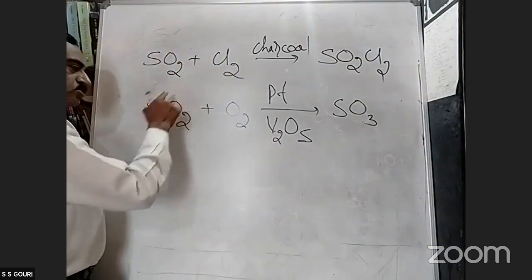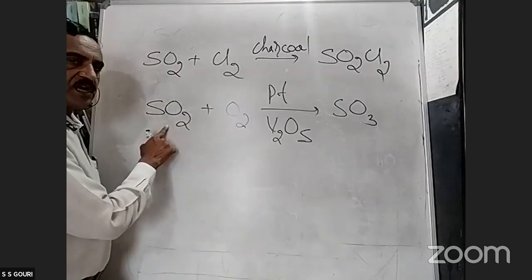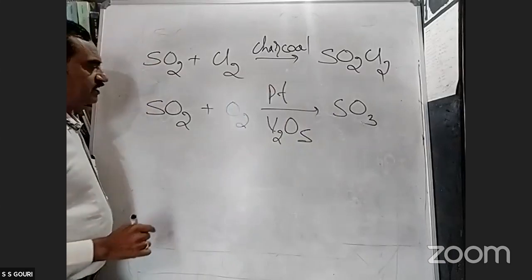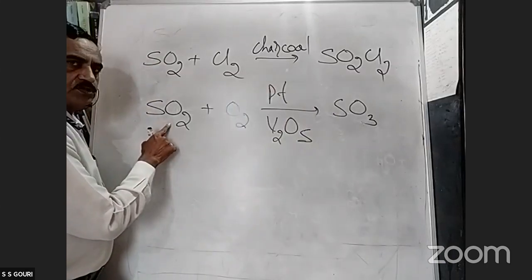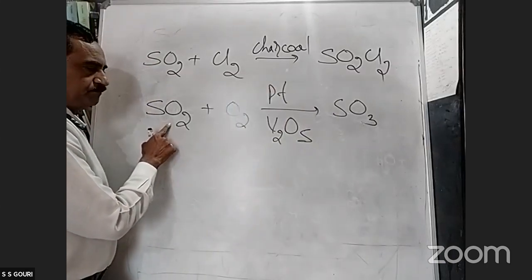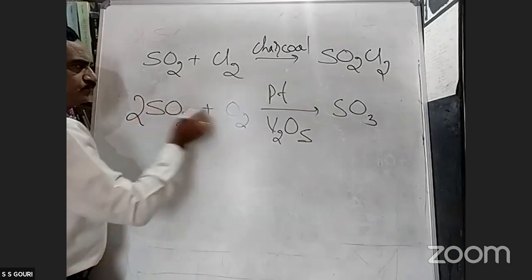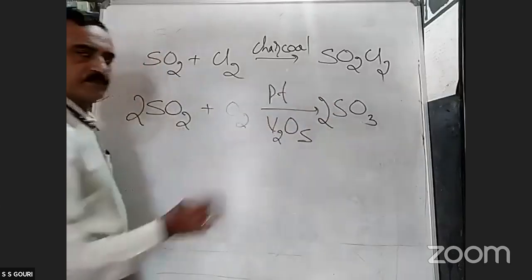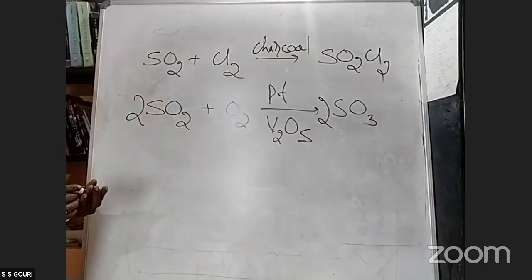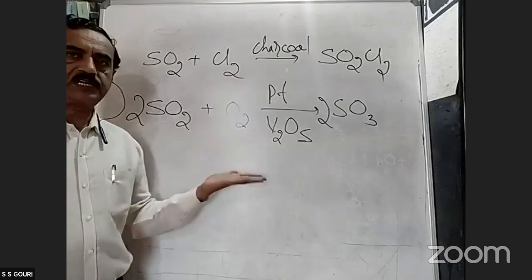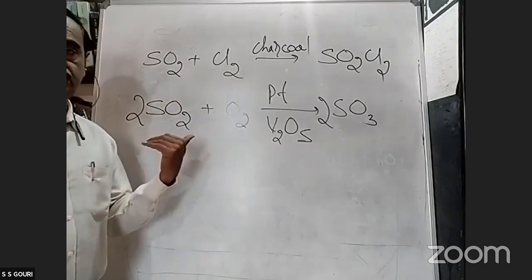You added an oxygen to this, and SO2 becomes SO3, as it takes only one oxygen. If it has to take two oxygens, what should we do? 2SO2 + O2 gives 2SO3. This can be called an oxidation reaction also, because there is addition of oxygen.